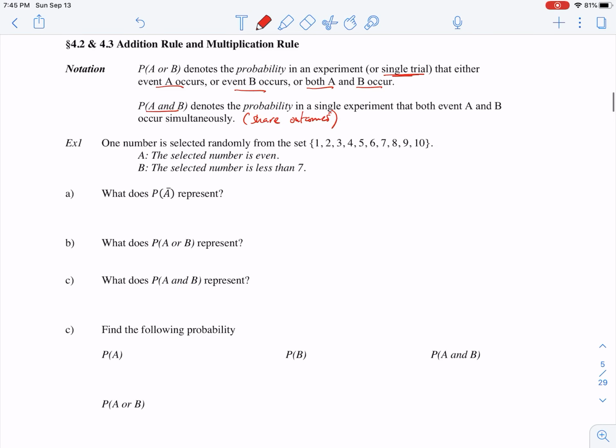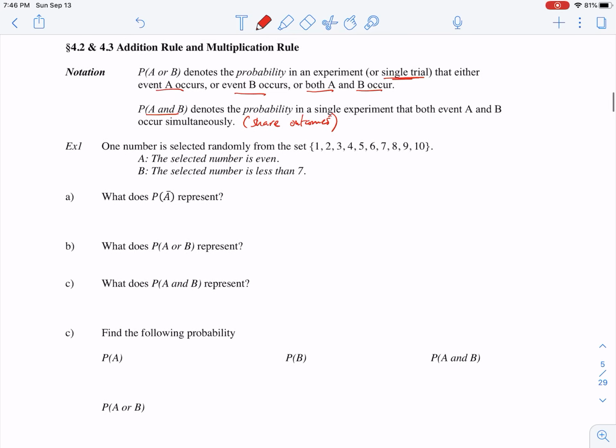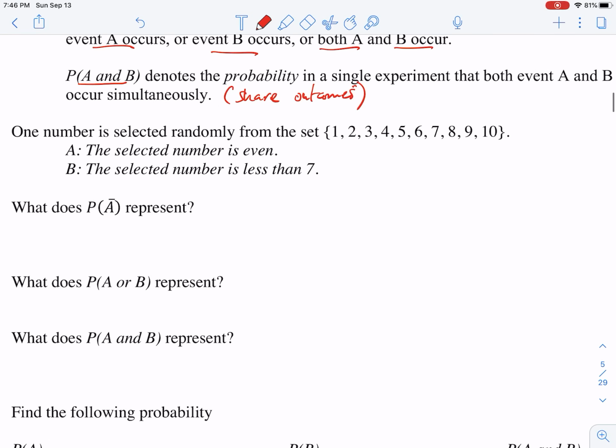So let's look at this through an example. Example 1: if one number is selected randomly from the set of 10 numbers, let A be the event that the selected number is even. Let B be the event that the selected number is less than 7. So what we can do here is figure out the outcomes for each set.